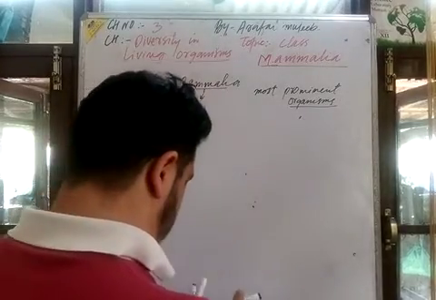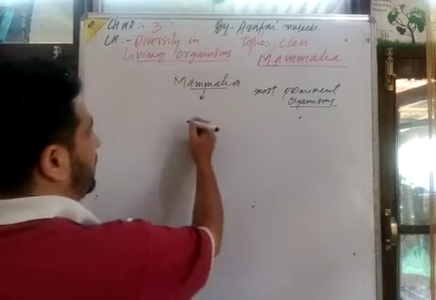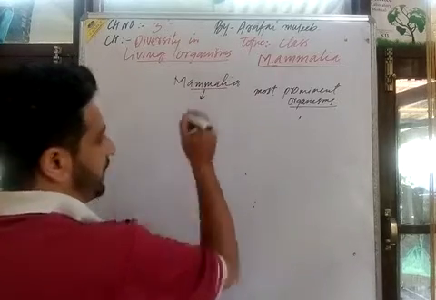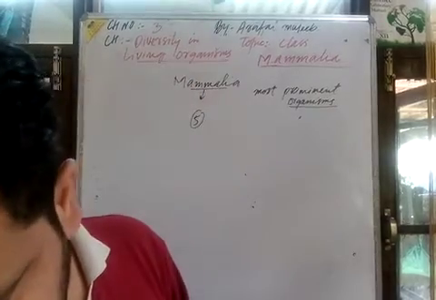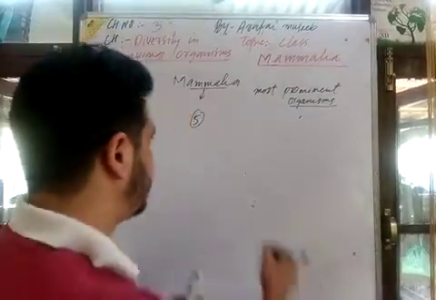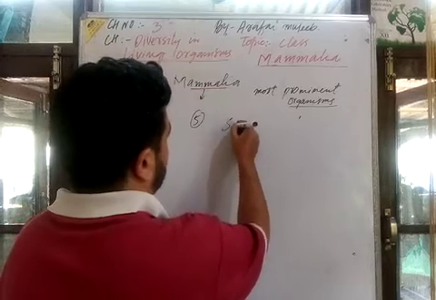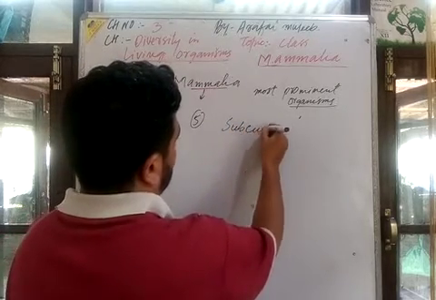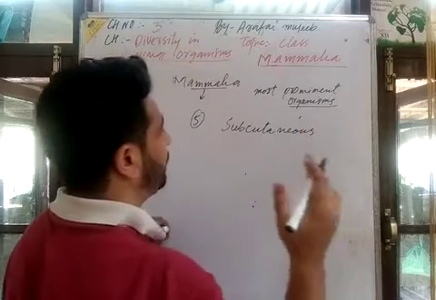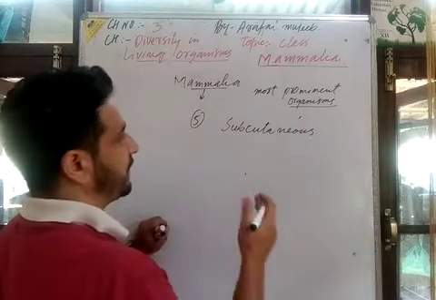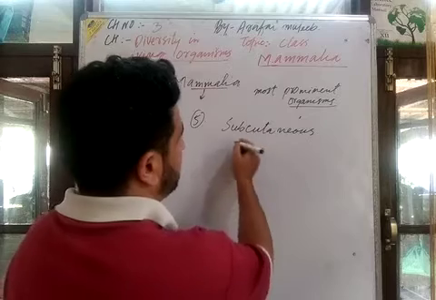Now we will go ahead. The fifth point here, they have subcutaneous fat. इनमें क्या होता है, subcutaneous, they have the capability of storing fat in the skin, underneath the skin.